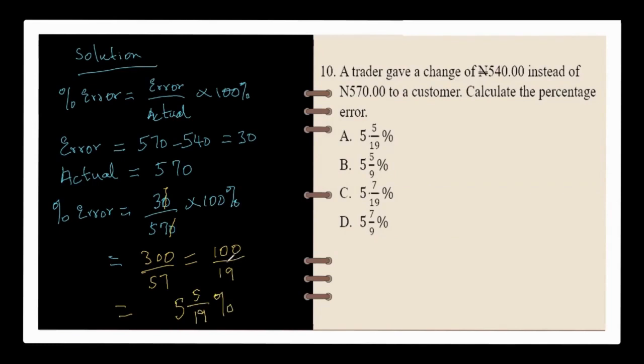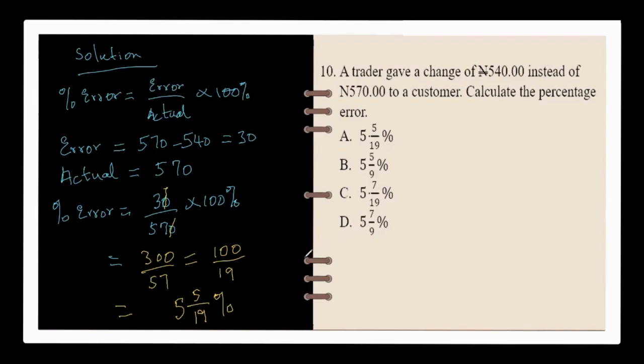If you turn this improper fraction to a mixed number, use 19 to divide 100. It will go 5 times, and then we are left with 5 over 19 percent.